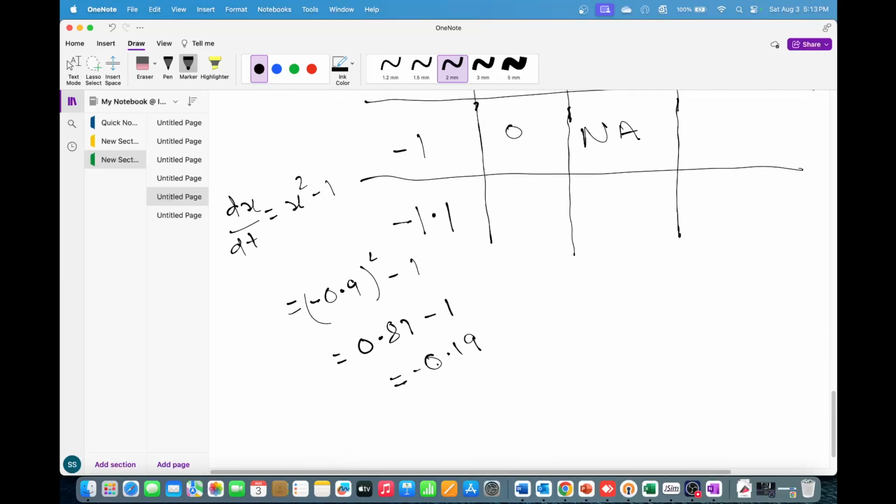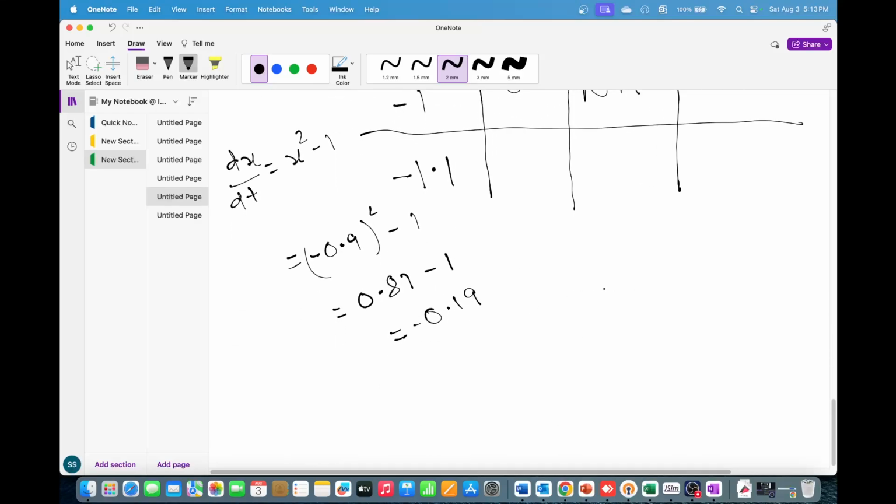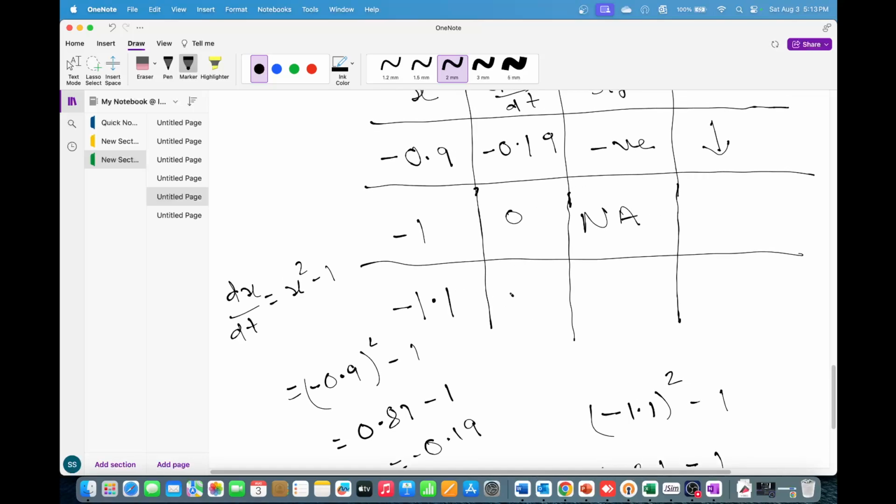Now let's do it for the other one. It's basically -1.1 whole square -1. It's basically 1.21 -1 is equal to 0.21. So here it is 0.21. This is positive, this is coming inside.